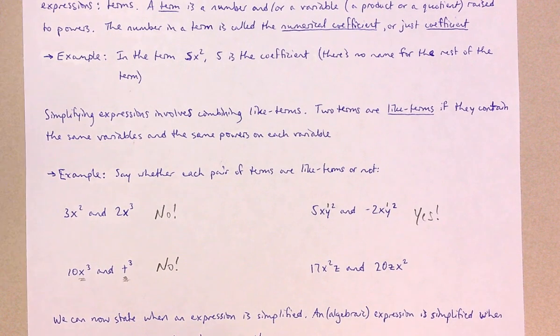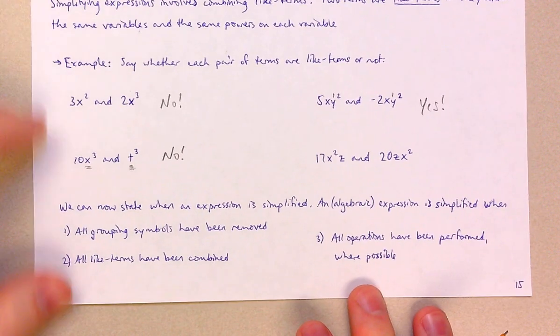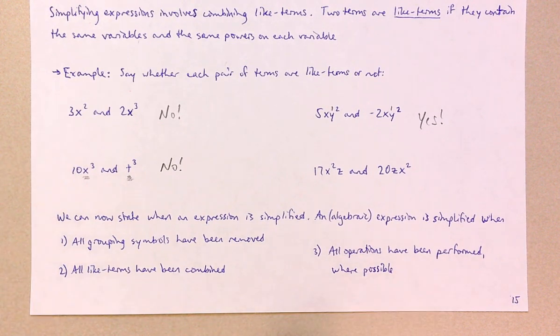Okay, so now we get to the actual simplification process. What do we do when we, say, simplify an algebraic expression? An algebraic expression is simplified when the following three things have happened. One, all grouping symbols have been completely removed. Two, all like terms have been combined.